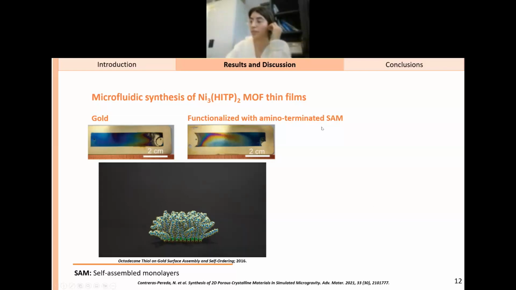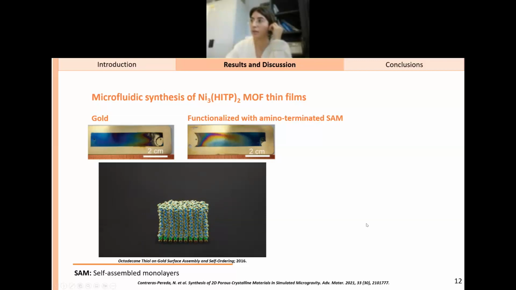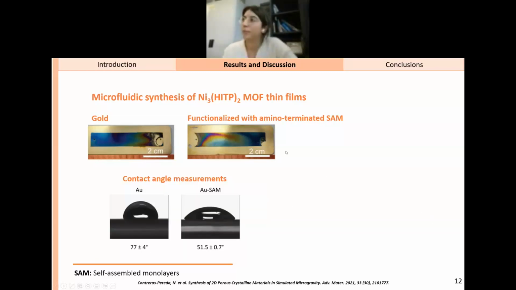These contain thiol groups that easily functionalize gold, and then this amino-terminated SAM should react, probably with the formed film on top, probably with the nickel atoms, or with hydrogen bonds from the ligand. So this is what they were expecting to see.